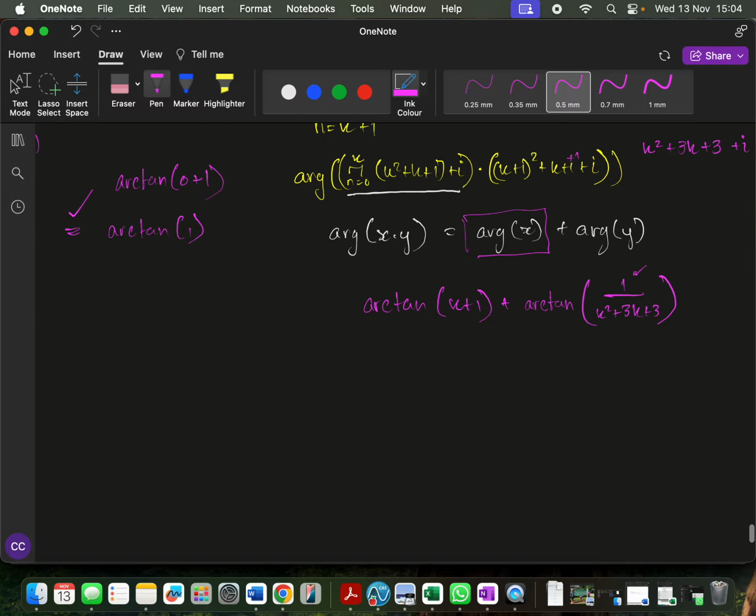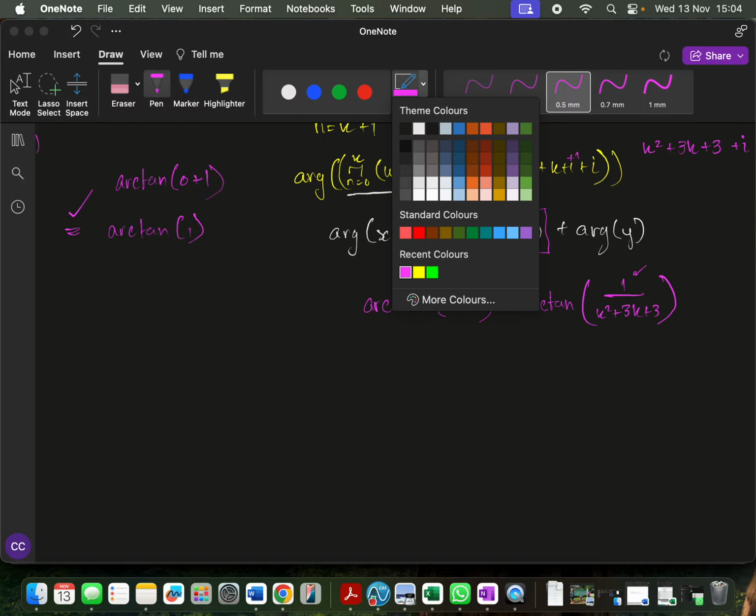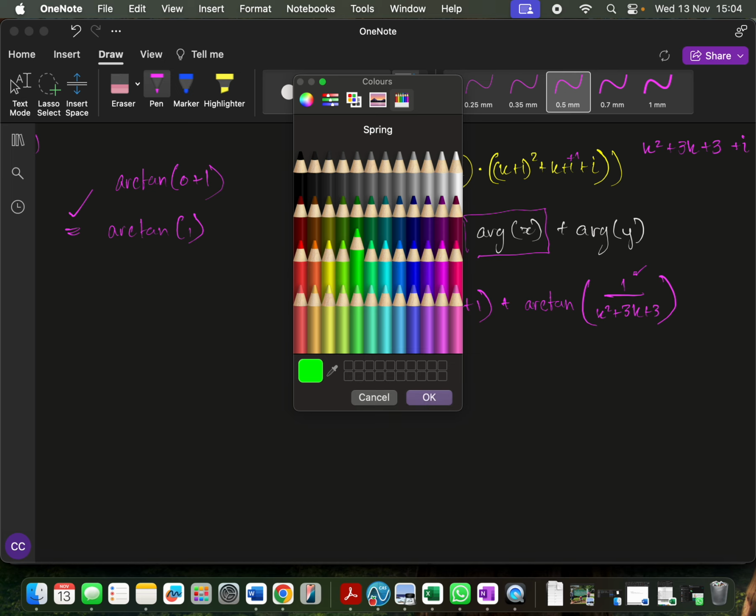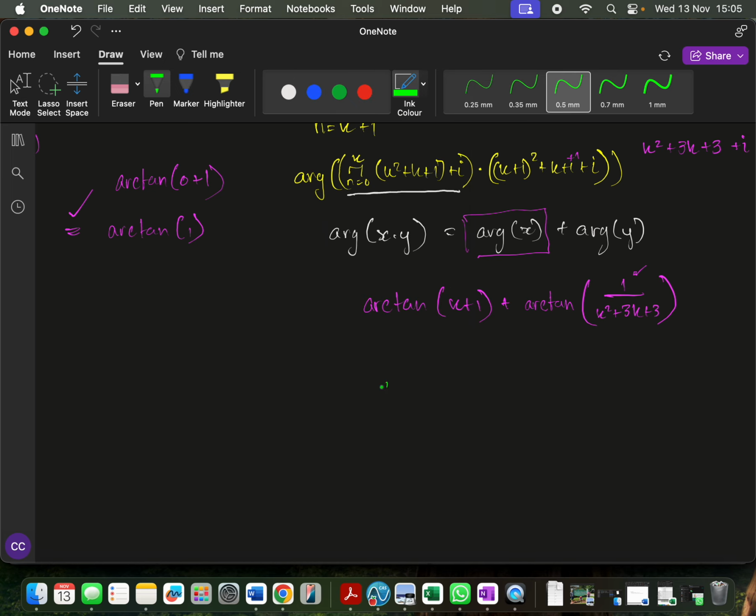So that combo is going to give me, and this is so much fun, the same as the arctan of k plus 1 plus 1 over k squared plus 3k plus 3, all over 1 minus the product of k plus 1 times 1 over k squared plus 3k plus 3.